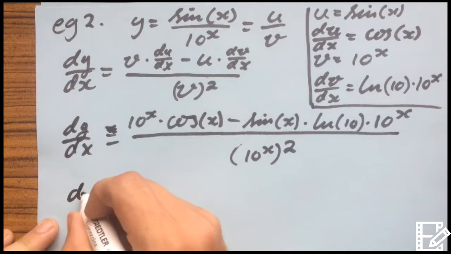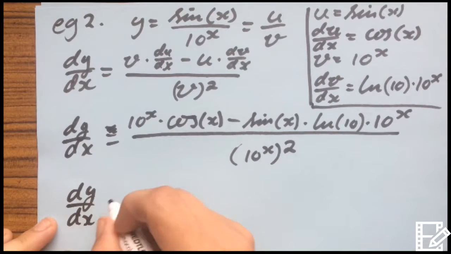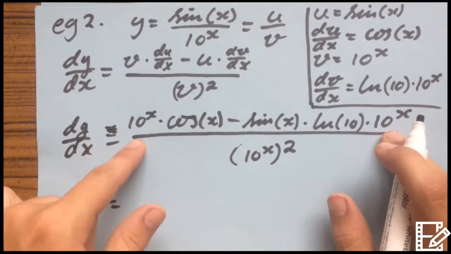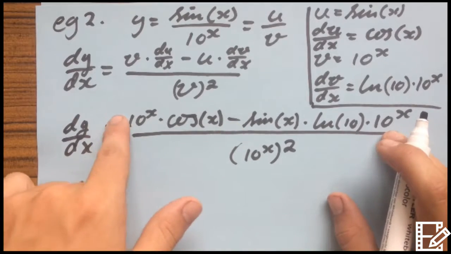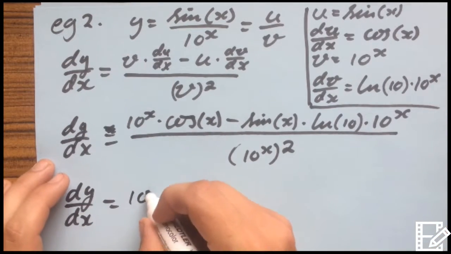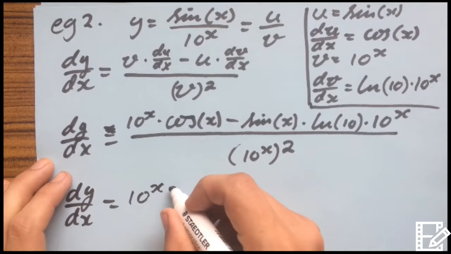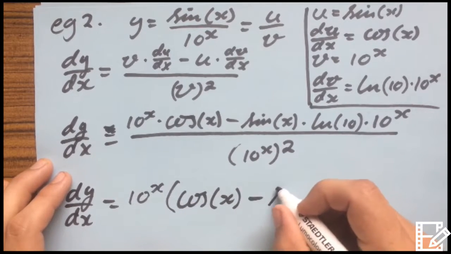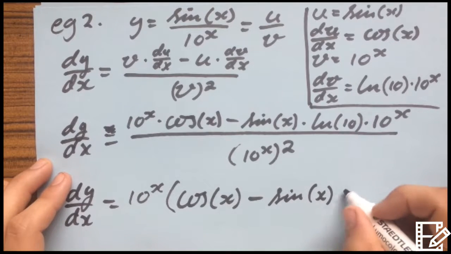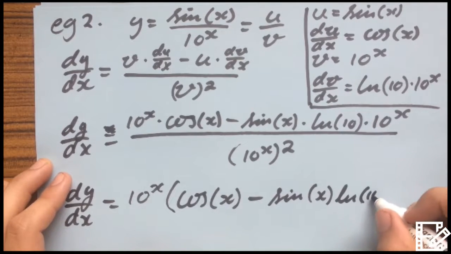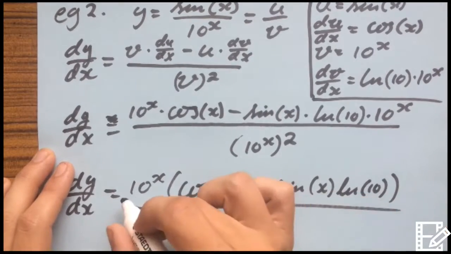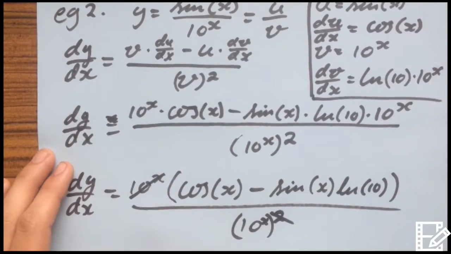So, if we were to simplify this further, because we have a 10 to the power of x on both sides of the minus, on top we can factor that out and bring it out to the front. And now we can cancel it off, cancel off the 2 on the bottom.